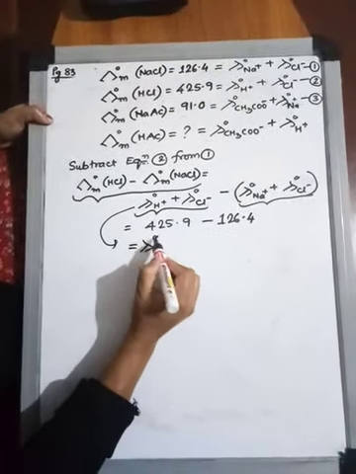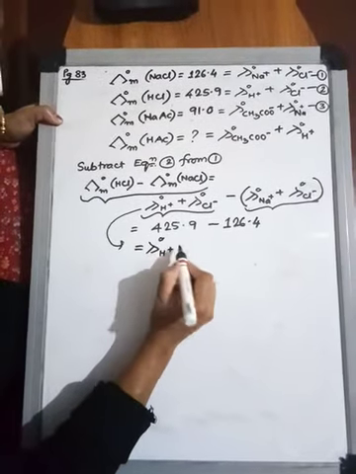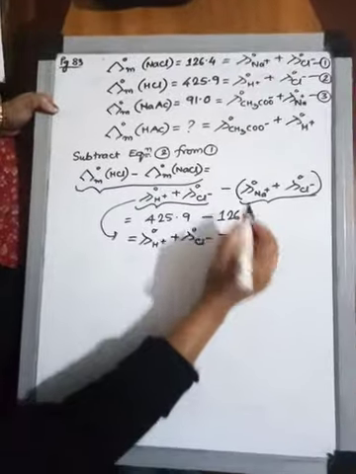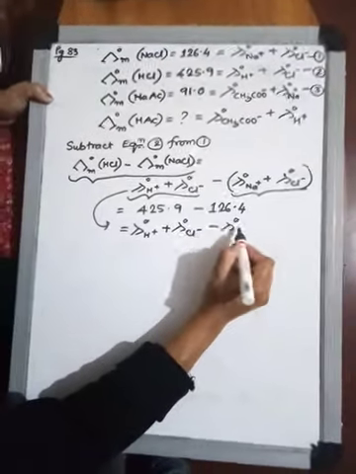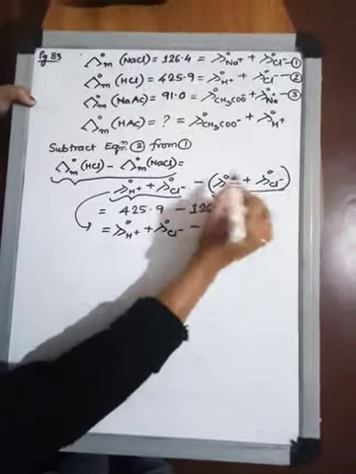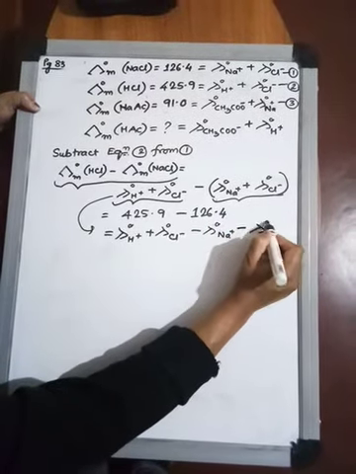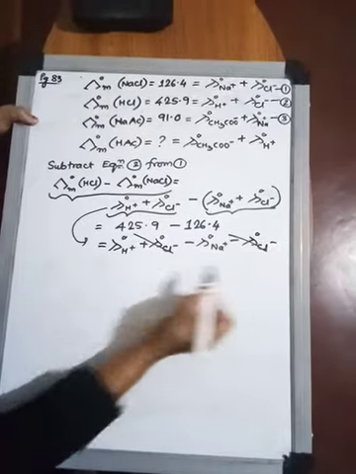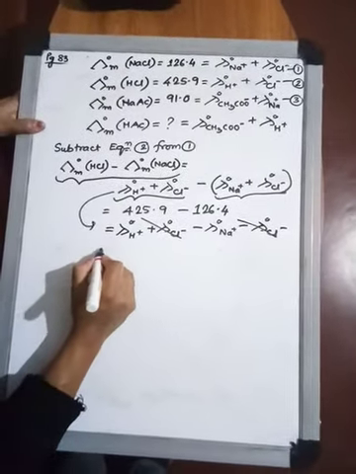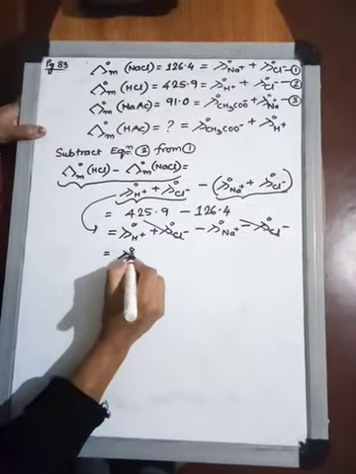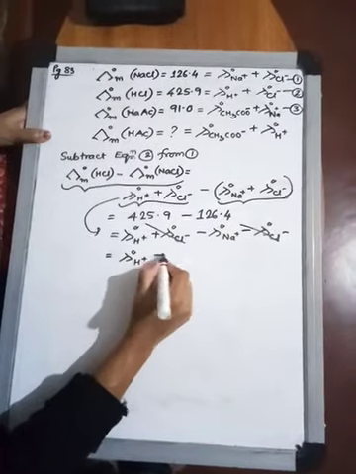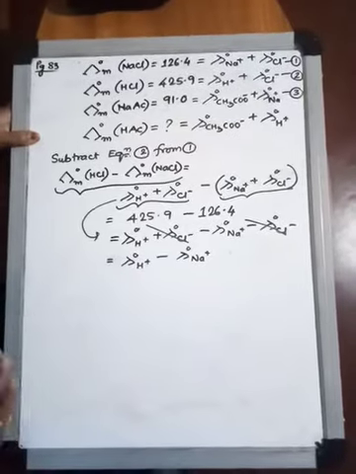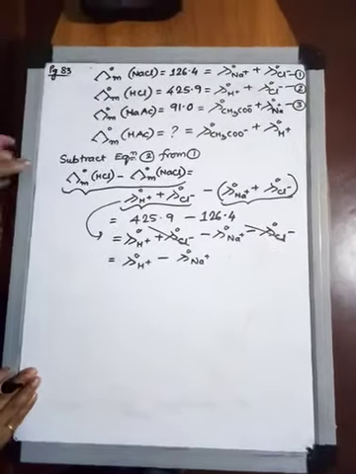This is lambda 0 H plus lambda 0 Cl minus. Now let us lift the bracket. So we'll get lambda 0 Na plus, minus into plus will be minus lambda 0 Cl minus. So I think you can see this portion we can cancel. So what are we getting? We are getting lambda 0 H plus minus lambda 0 Na plus.